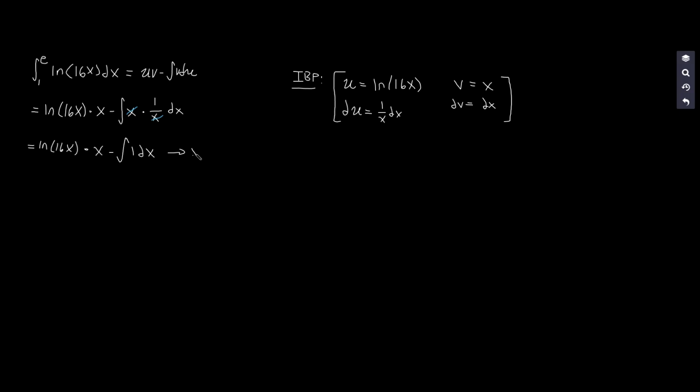This is going to end up becoming x times the natural logarithm of 16 times x evaluated from 1 to e minus x evaluated from 1 to e.